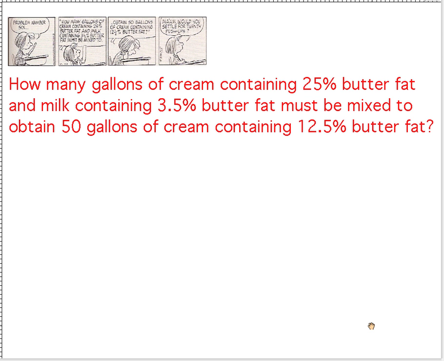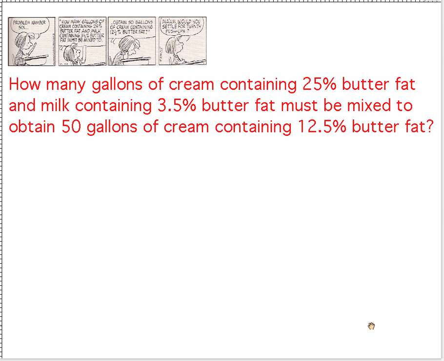How many gallons of cream and how many gallons of milk must be mixed to obtain 50 gallons? Now, that's not the way the problem reads, of course, but I've gotten rid of information that's cluttering up me seeing this essential simple sum that exists in almost all of these system word problems. How many gallons of cream and milk must be mixed to obtain 50 gallons?